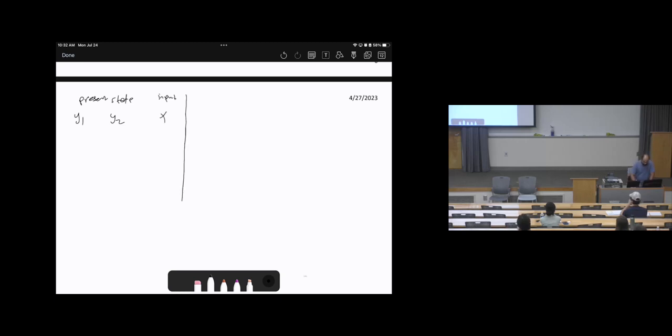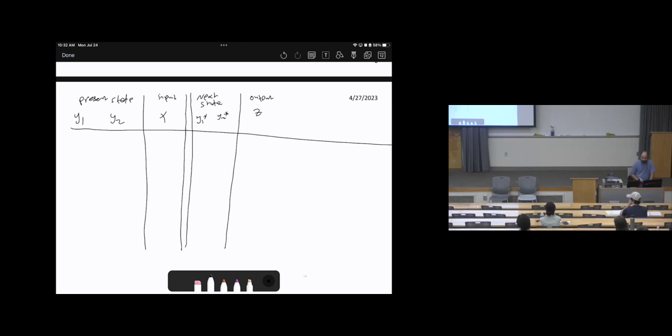Then there are two parallel lines. Then here are next states, which is y1 star, y2 star. Then here are outputs, which is z. Since I'm using JK flip-flops, sometimes as a shortcut, instead of using that long equation, we can calculate J1, K1 alone. So I'm going to add two parallel lines.